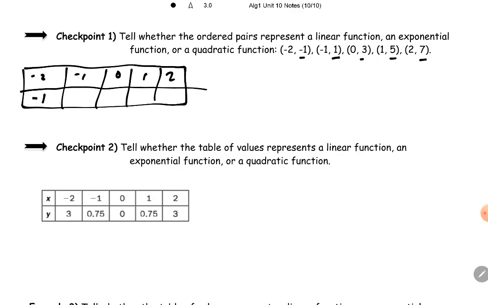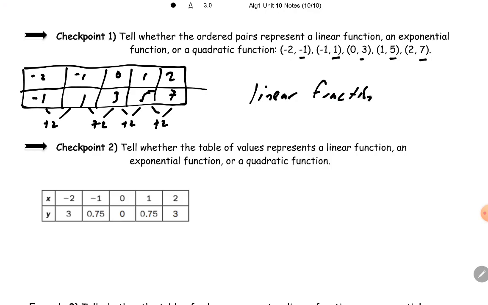So we have -1, 1, 3, 5, 7. If we look at the differences, from -1 to positive 1, that's plus 2. 1 to 3 is plus 2. 3 to 5 is plus 2. 5 to 7 is plus 2. Since all the differences are the same, this is a linear function, a straight line.